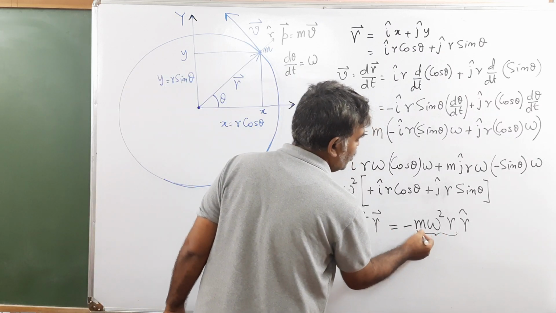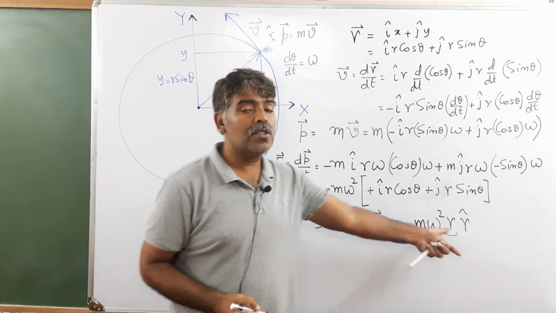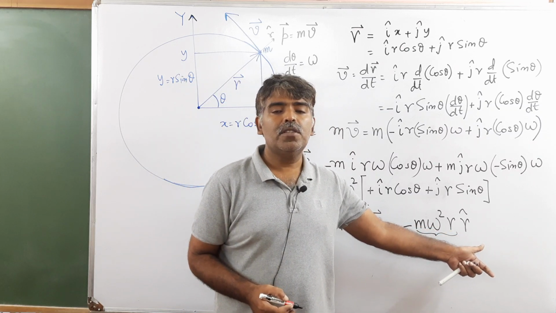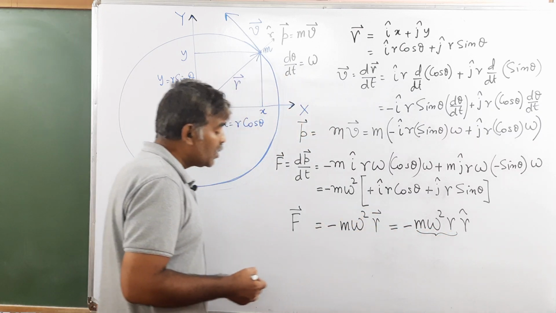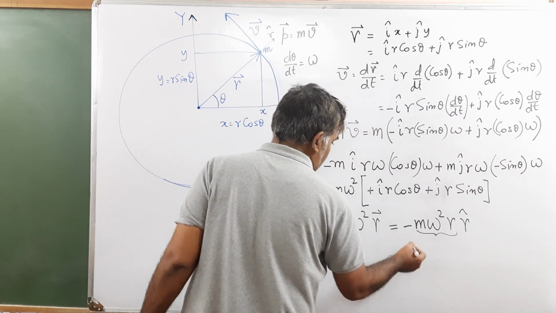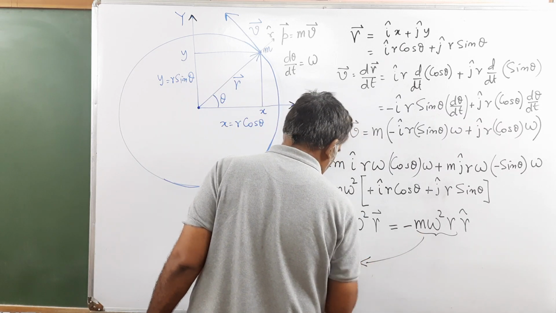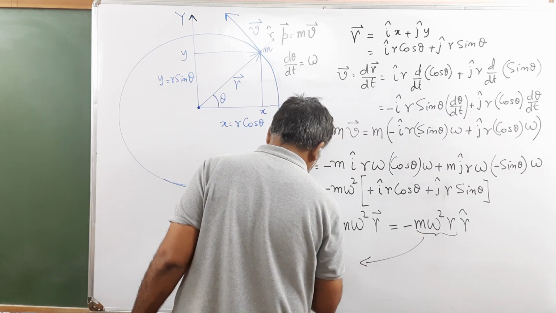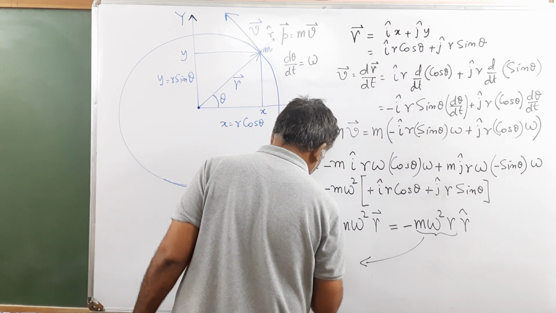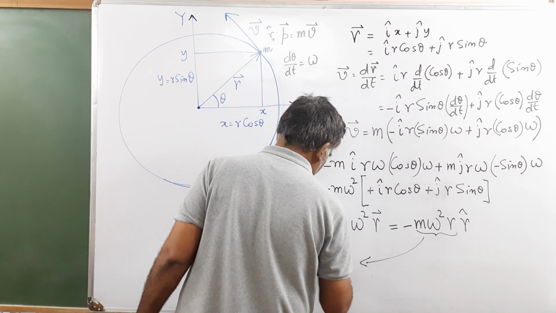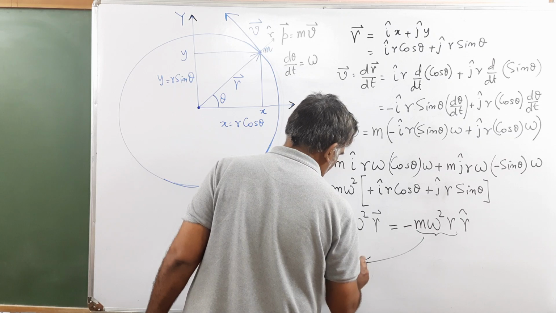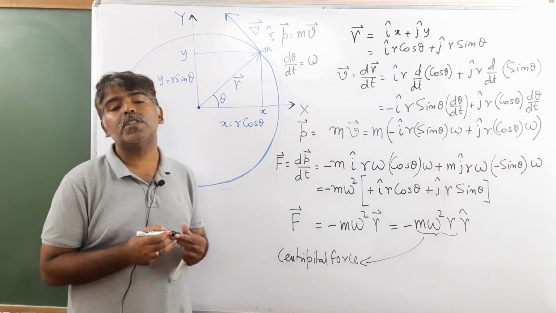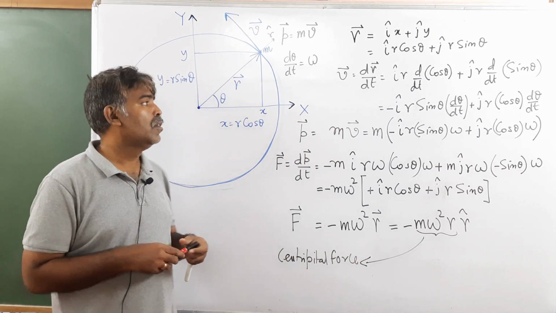So the magnitude of the force is m omega square r. So what is this force? This is the centripetal force. This centripetal force is the cause of circular motion.